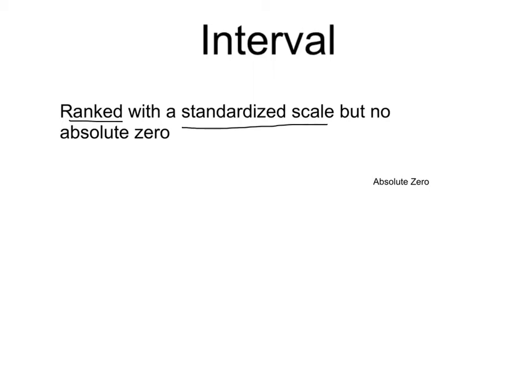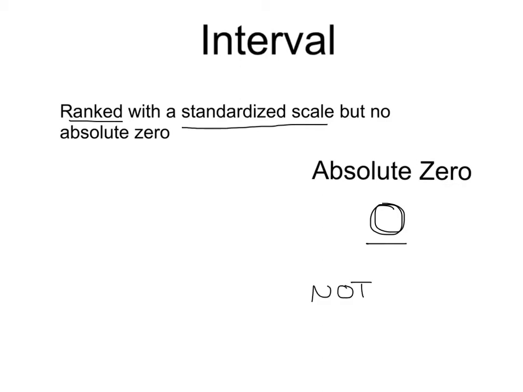But we have this additional term called an absolute zero, and we need to define what the heck absolute zero means. An absolute zero means a true zero. True zero. That means that if you scored a 0 on the variable, nothing exists.